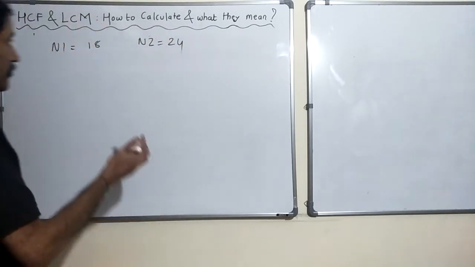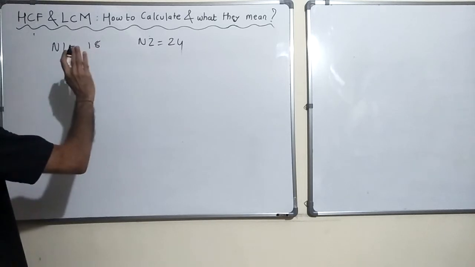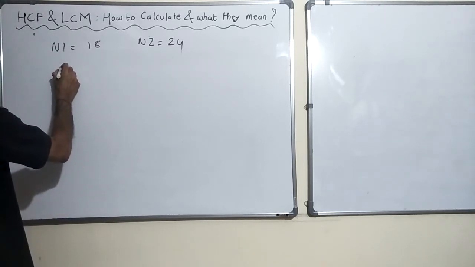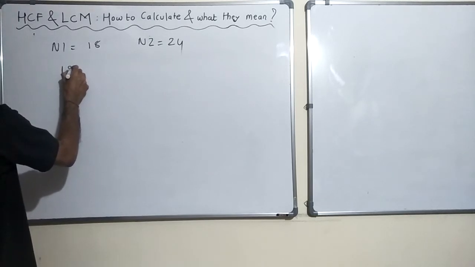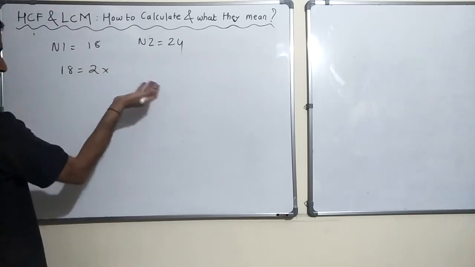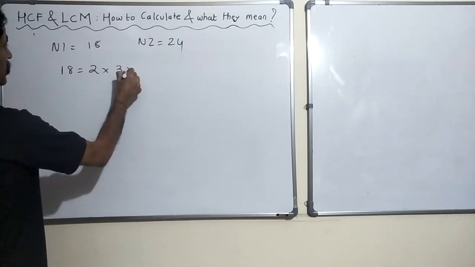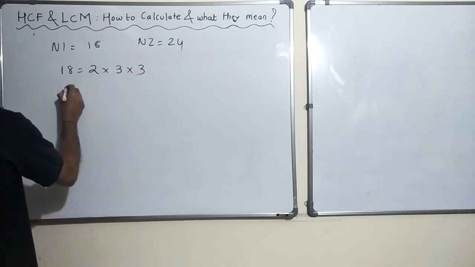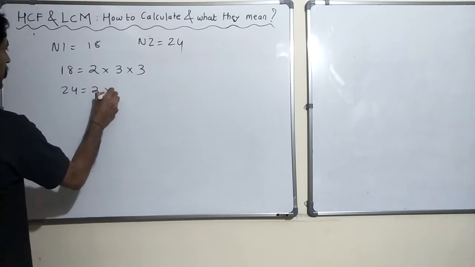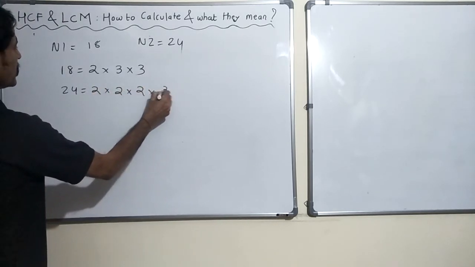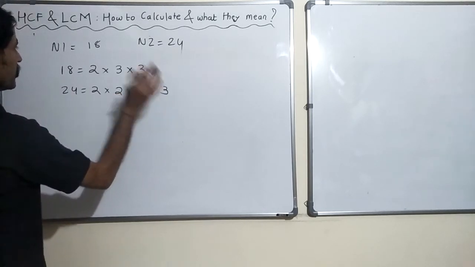So HCF of 18 and 24, okay, is what? So 18 I can write as 2 into 3 into 3, just the prime factorization method. So I am not going to divide it and show, but this is the way you do it, right? 2 into 3 is 6, 6 threes are 18. 24 is nothing but 2 into 2 into 2 into 3, is that right? 4 fours are 8, 24, correct, no?